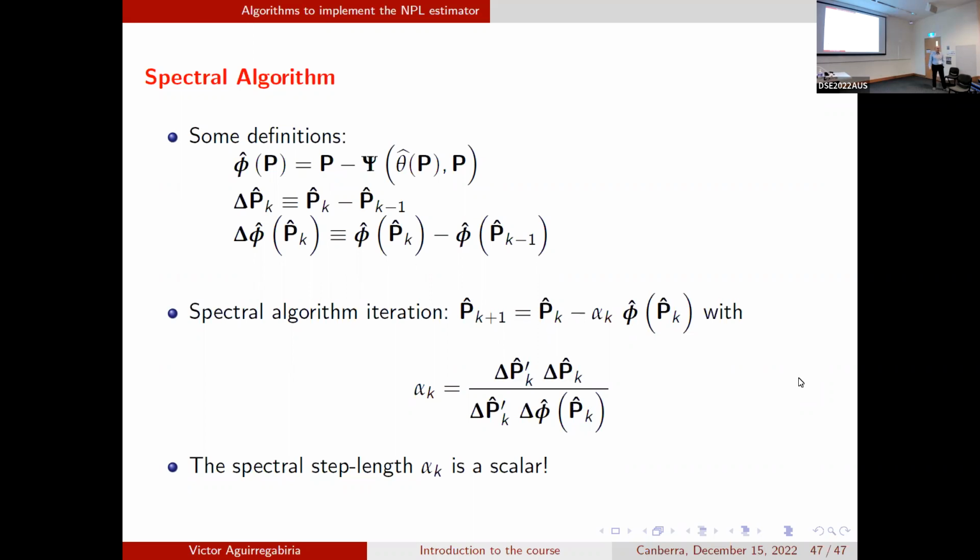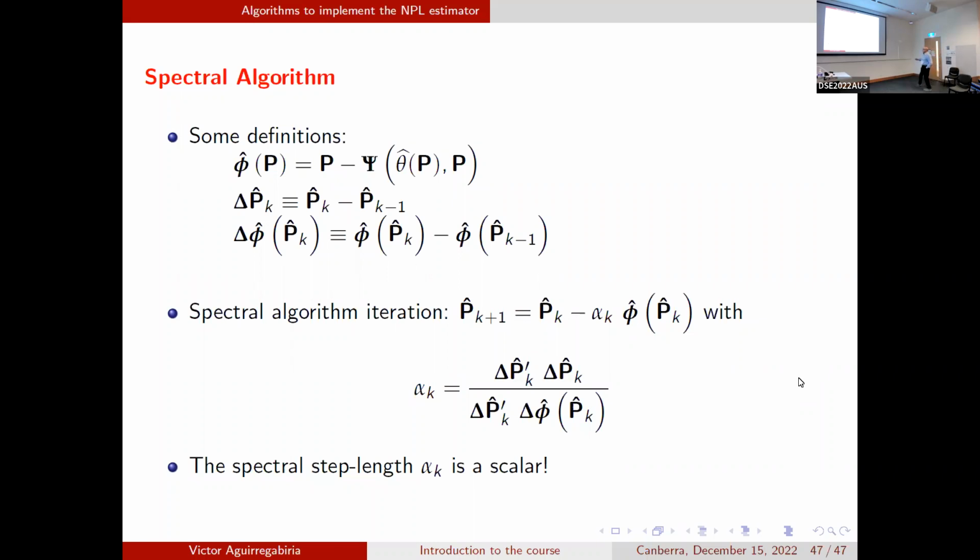Instead of this scalar lambda, what we will have is the inverse of the Jacobian matrix of the mapping. Okay, then basically what the spectral radius algorithms are doing is replacing this Jacobian matrix by a scalar.